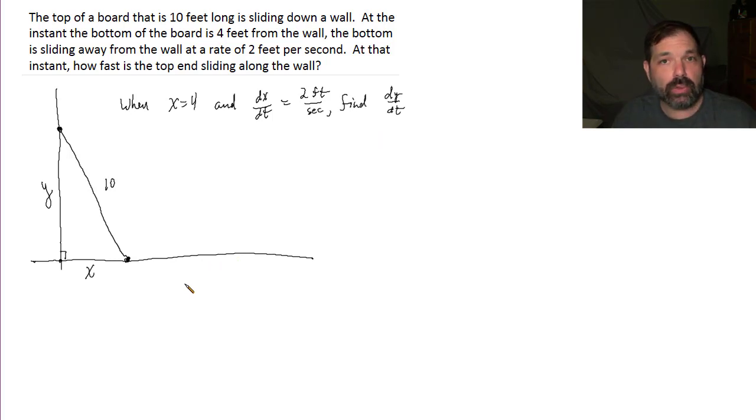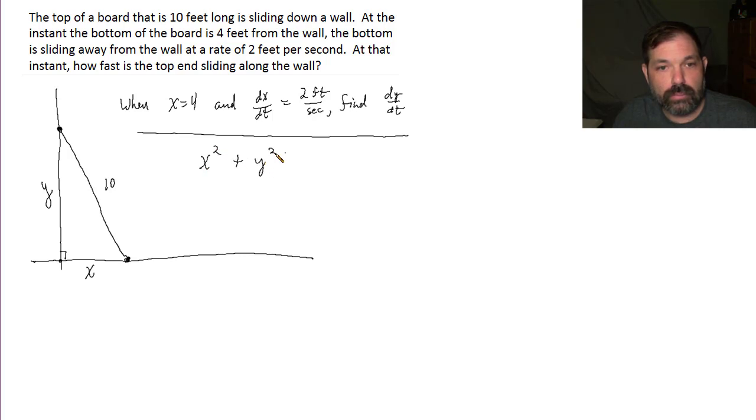Well, we have to relate the variables. How are x and y related? Well, since I have a right triangle, x squared plus y squared is 10 squared. That's the Pythagorean theorem.